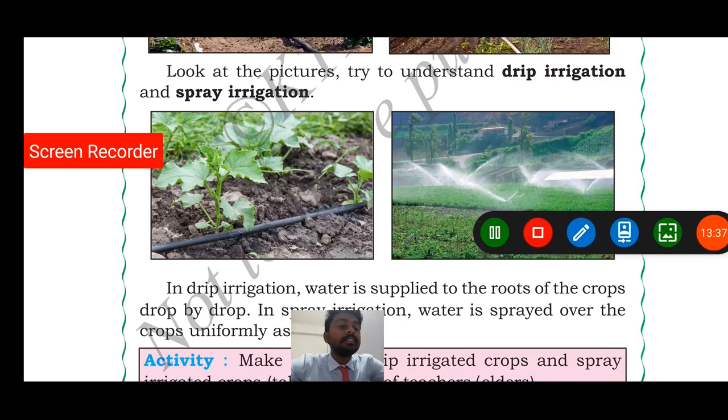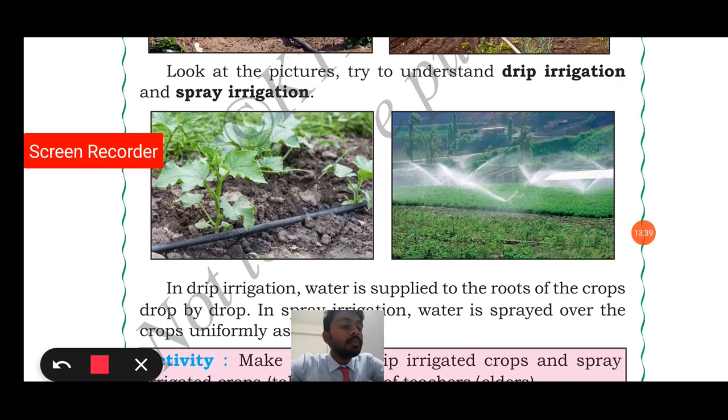You can see on this side the water is irrigated as a spray type. At that time the water sprays or spreads over all portions of the land.